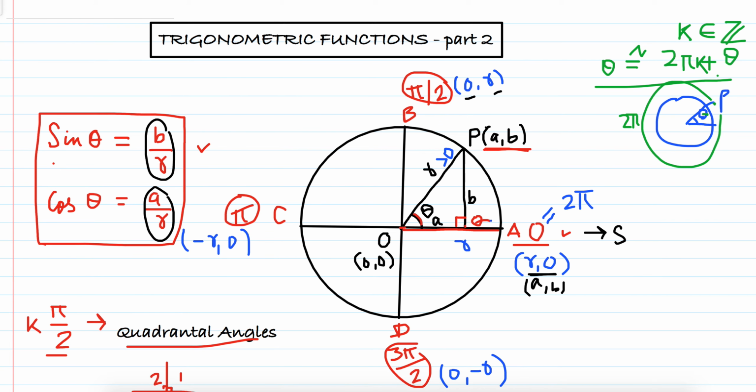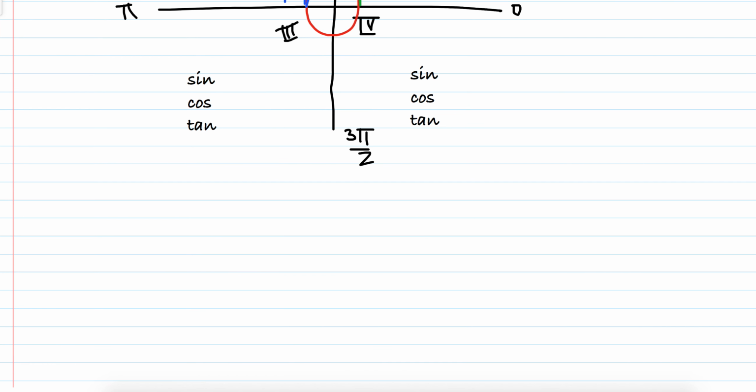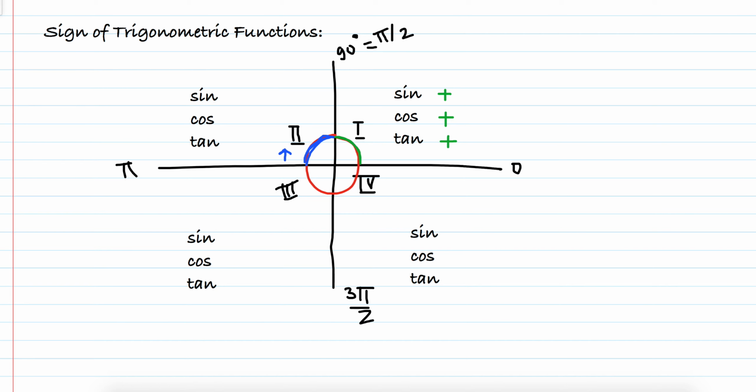So here b is the y coordinate and cos depends on the x coordinate. In this part x coordinate is negative, so cos will become negative and y coordinate is positive, so sine is positive. Now tan is the ratio of sine and cos, so if any one of numerator or denominator is negative, then it will become negative.